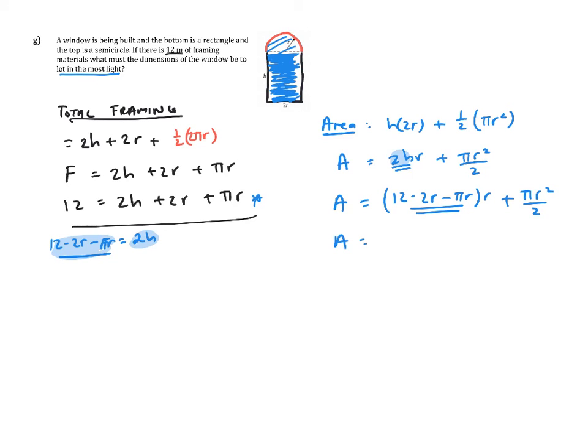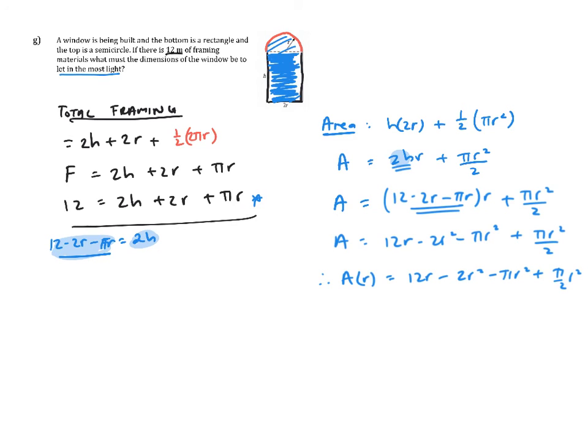So what we've got is 12r minus 2r squared minus pi r squared plus pi r squared over 2. Then we need to find the derivative in terms of r. So let's write this function: A(r) equals 12r minus 2r squared minus pi r squared plus pi over 2 r squared. You can actually simplify these like terms.